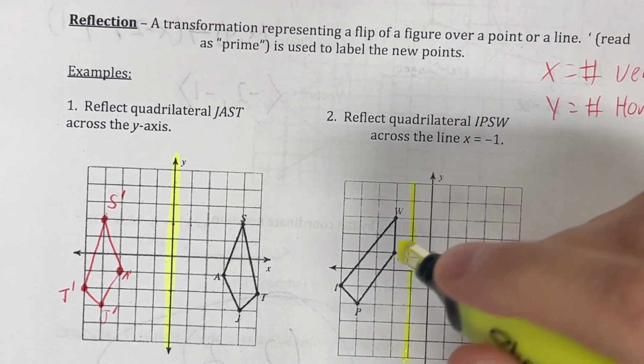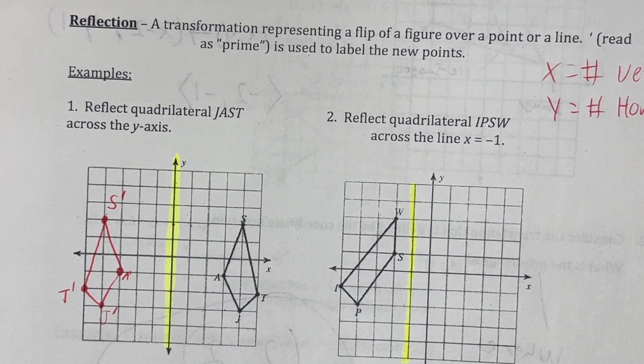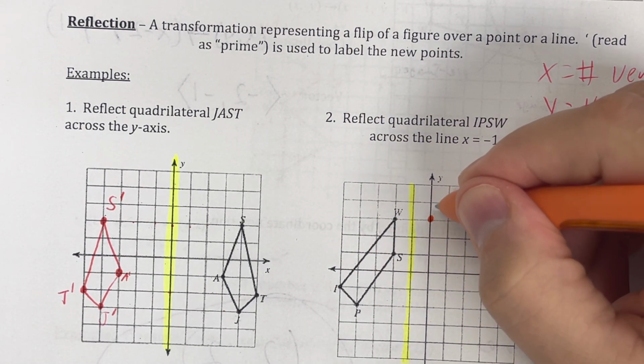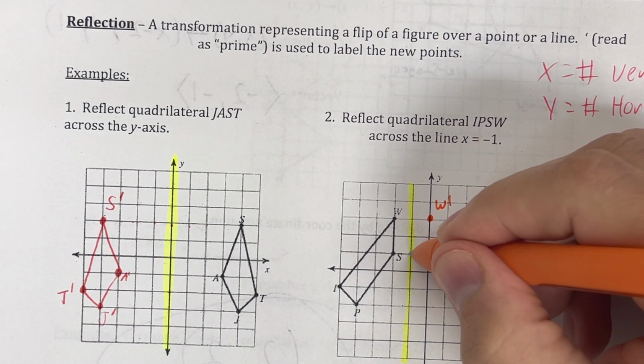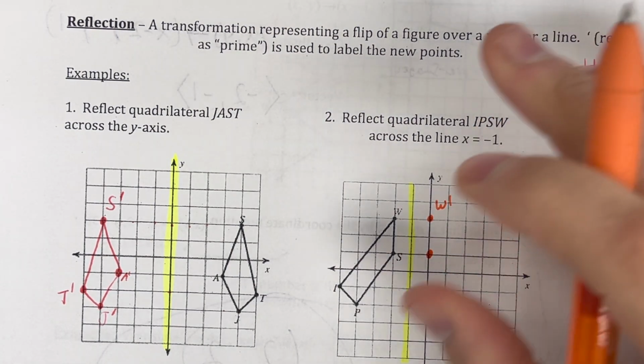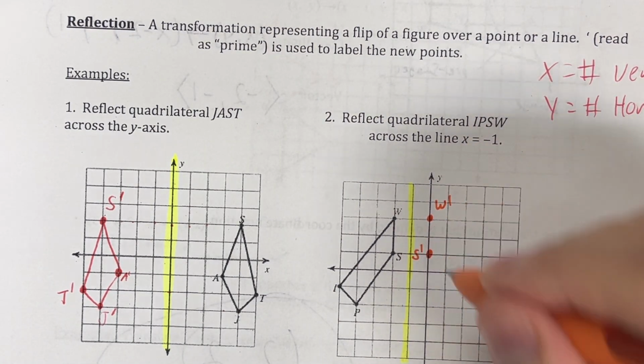I'm going to flop this figure over that vertical line in a similar manner to the last time. So W is 1 unit away, it's 1 unit to the other side, W prime. S is 1 away, it's 1 to the other side. There's S prime. I'm going to see where the other figures land before I decide how to name that. I think I'll put it right here, S prime.